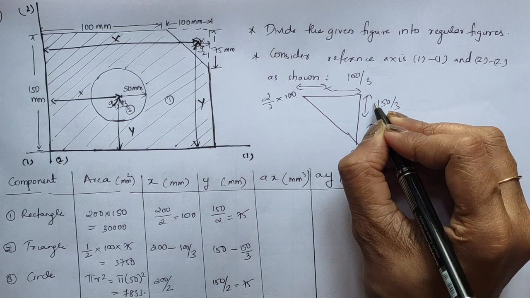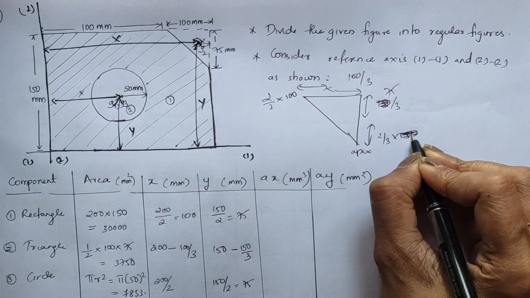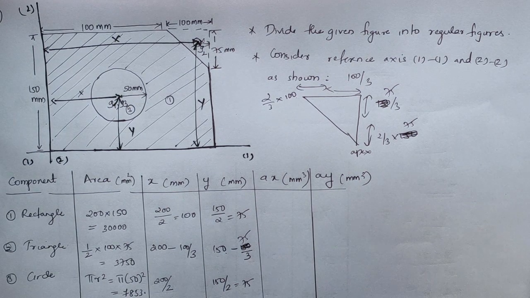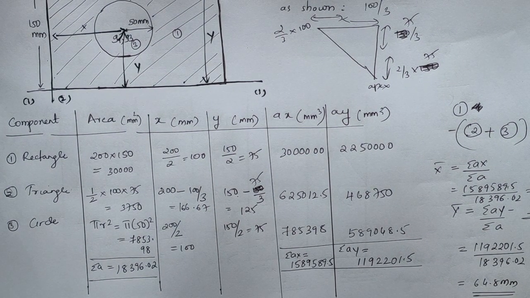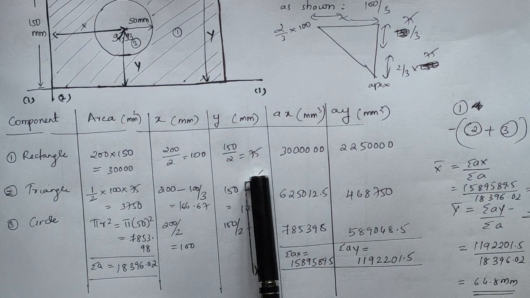Sorry, not 150, this is 75, right? 75. So 75 by 3. Okay, so we have got the answers of all x and y and ax also.